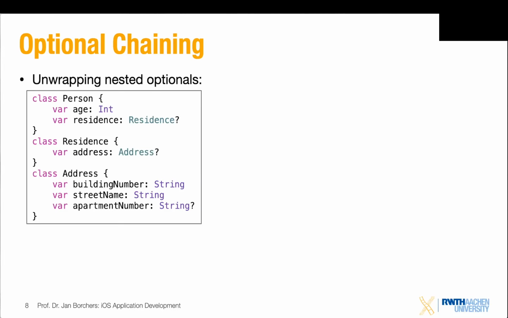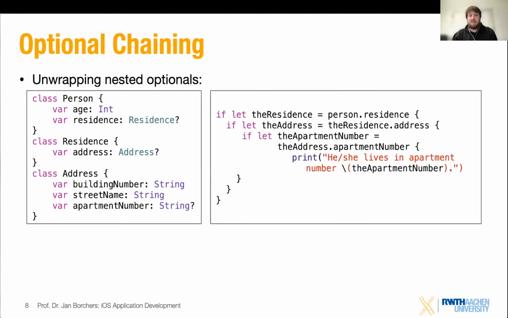Maybe it will become a little bit clearer with the example of how we use that. If we have a person and we want to print out the apartment number, if there's one associated with the person, what we need to do is first check whether the residence property of the person is set to something.